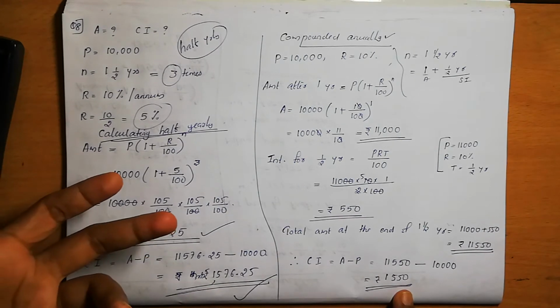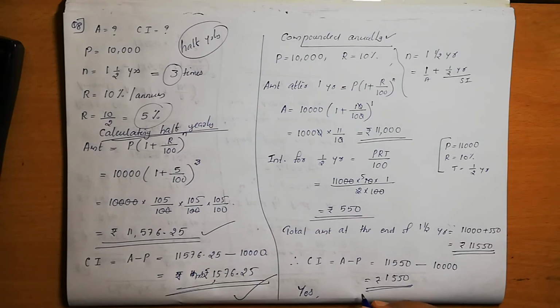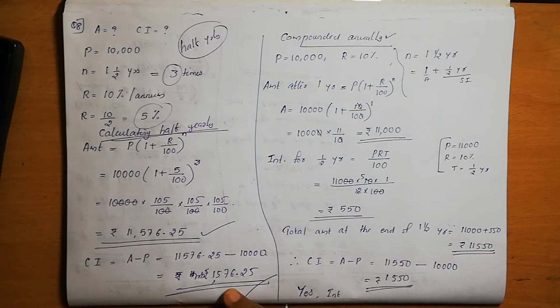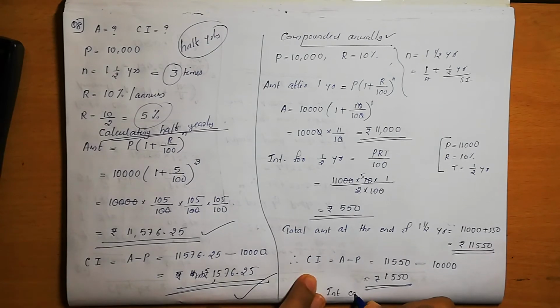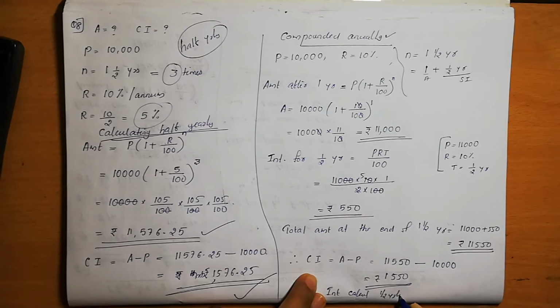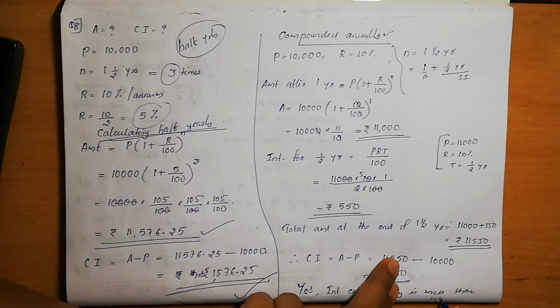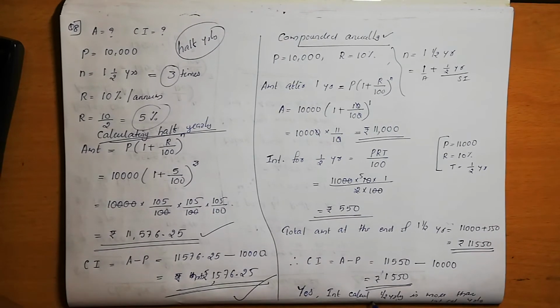So the interest is more in the half yearly case. So what can we write? Yes. The interest calculated half yearly is more than the interest calculated yearly. We can write the answer.